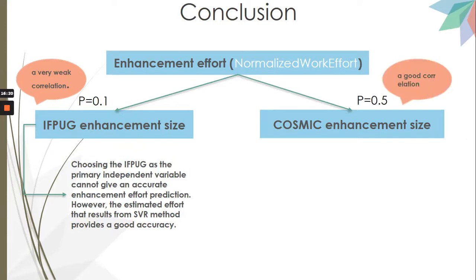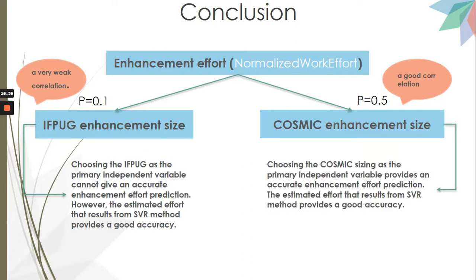The correlation between COSMIC enhancement size and enhancement effort has a value of 0.5, which denotes a good correlation as compared to the IFPUG. Therefore, using COSMIC as the primary independent variable provides an accurate effort prediction.